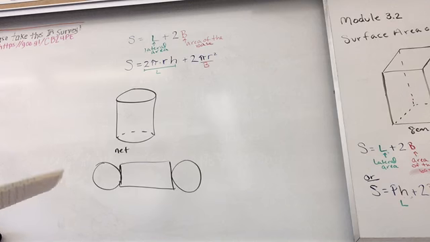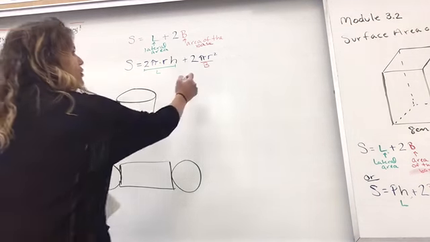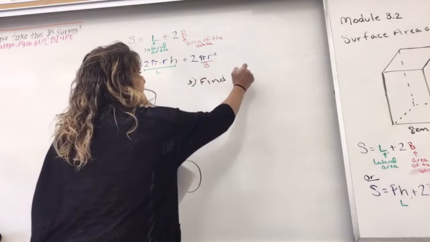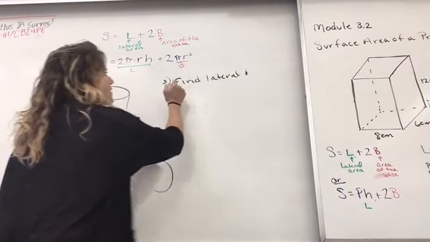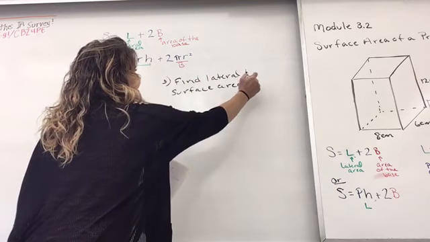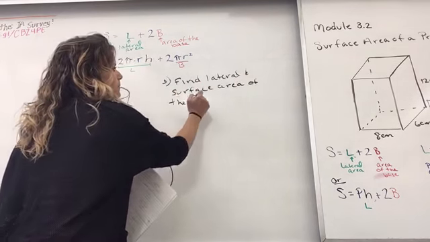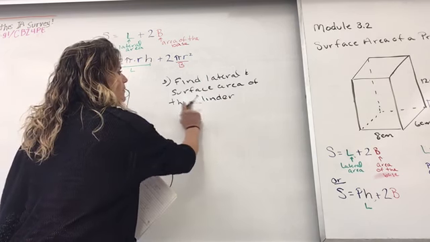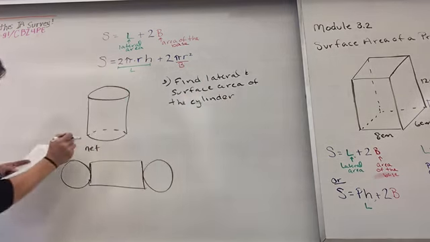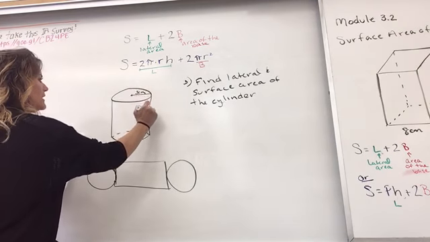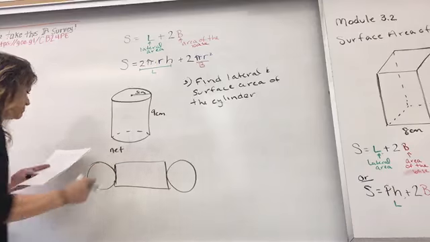So we're going to find the surface area of this. For the third one, we find the lateral and surface area of the cylinder. Sorry, that doesn't look very clear. Now, this cylinder has a radius of 3 centimeters, and the height is 9 centimeters.